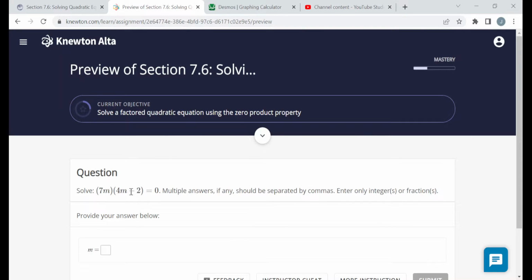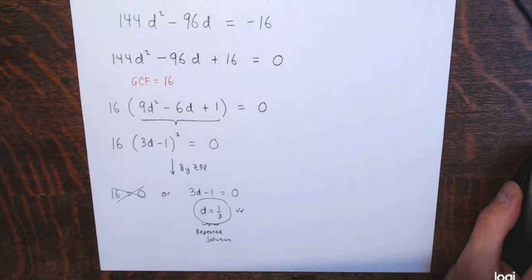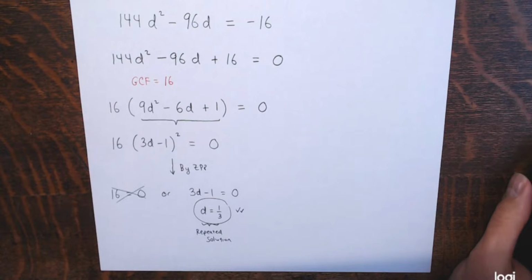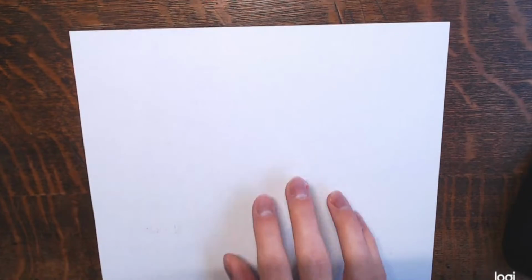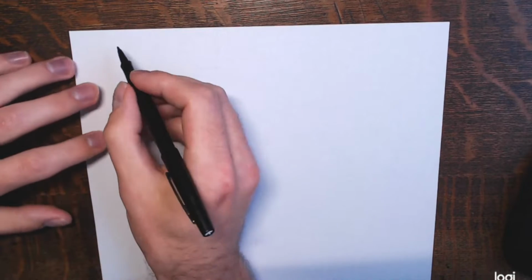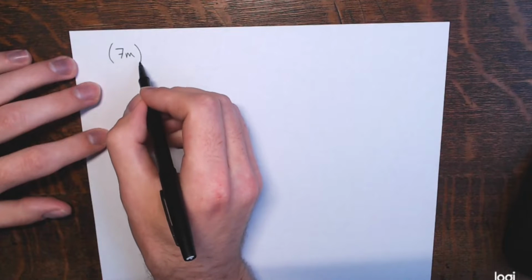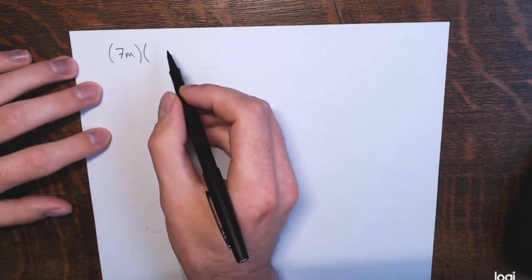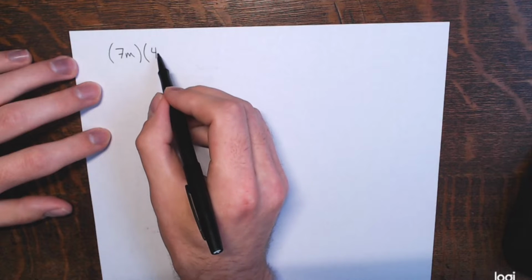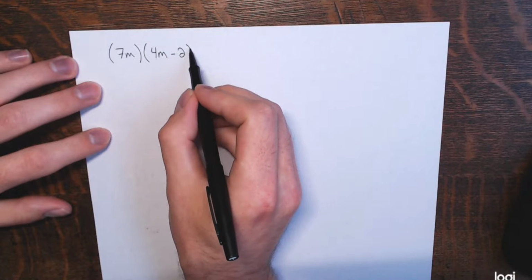Alright, so here's one where it's already written in the way we want it, a product equal to 0, so I can use the zero product property. So we're asked to solve this equation. One factor is 7 times m times, and then the other factor is 4m minus 2, equals 0.